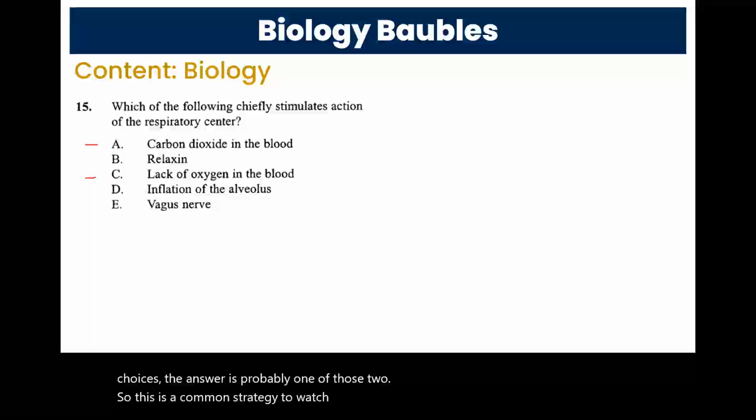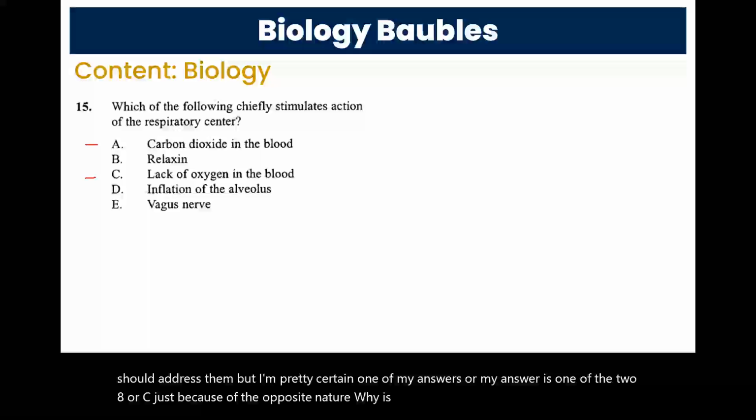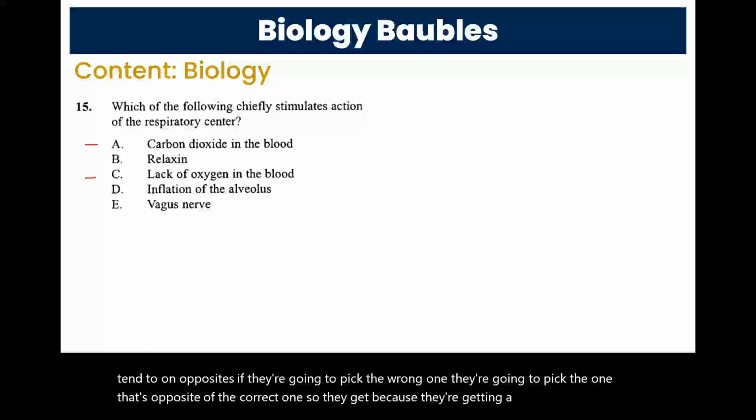Now, not meaning you should ignore B, D, and E, you should address them, but I'm pretty certain my answer is one of the two, A or C, just because of the opposite nature. Why is that? Again, it's test taker logic. Test takers tend to, on opposites, if they're going to pick the wrong one, pick the one that's opposite of the correct one, because they're getting a little confused by the way the question's going to go.